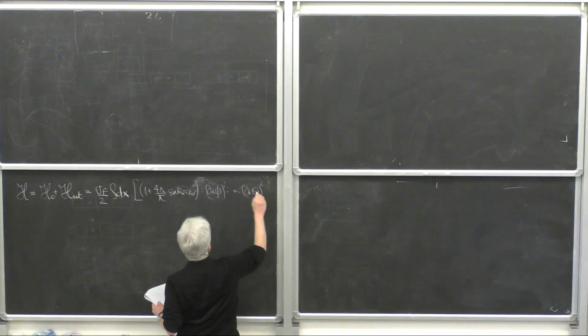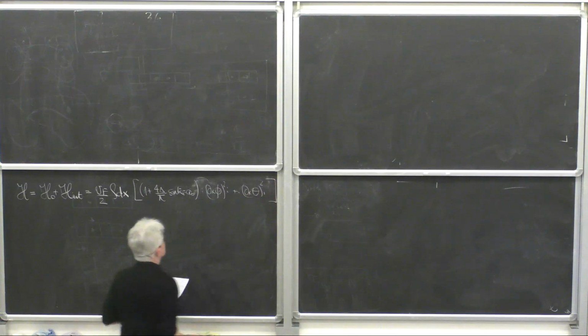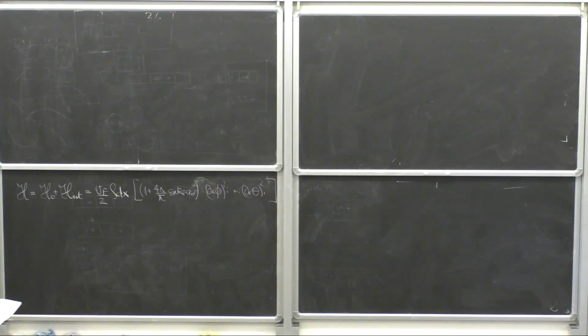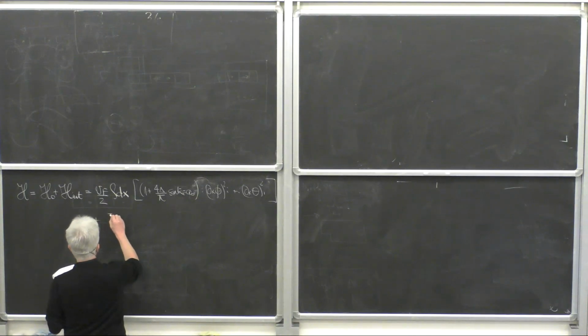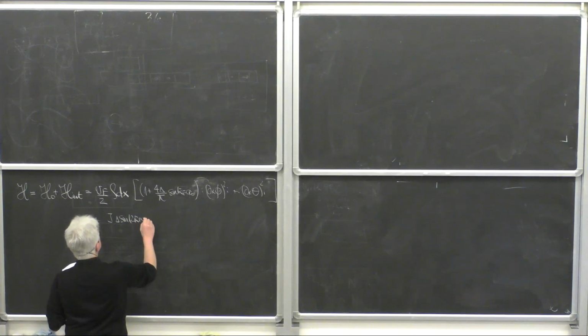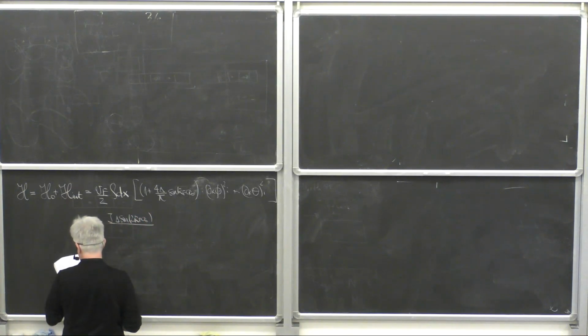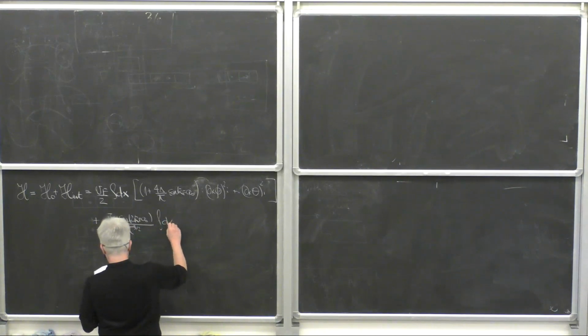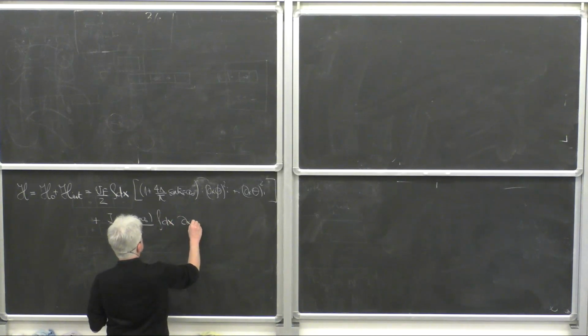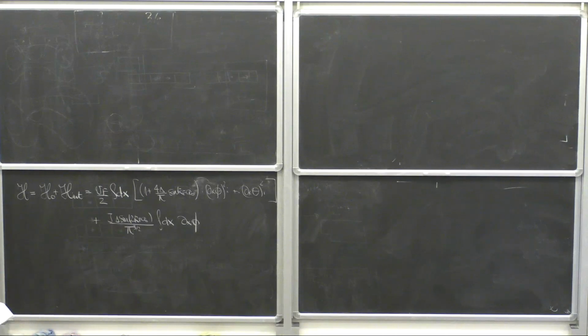And so theta, remember, was this dual field, phi right minus phi left. And then we had this total derivative term. So, okay, that's as far as we got yesterday.